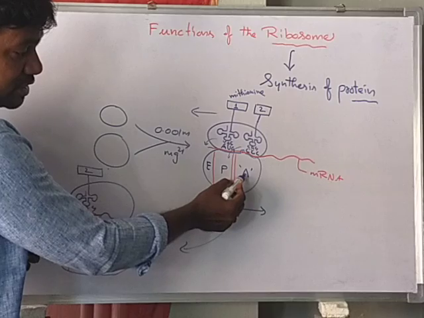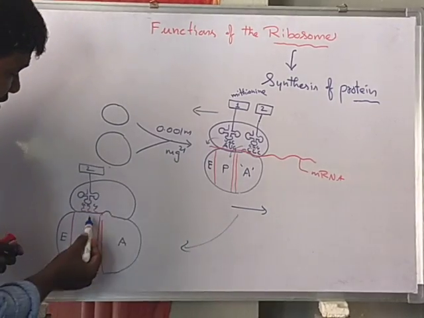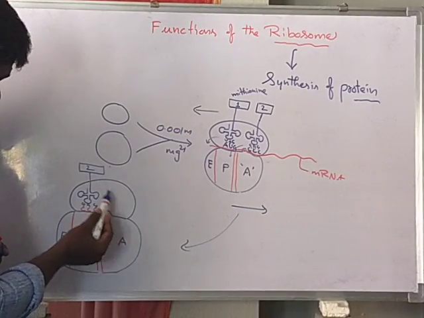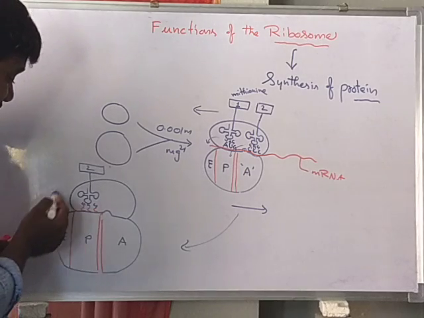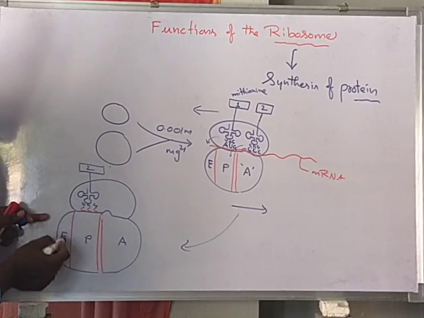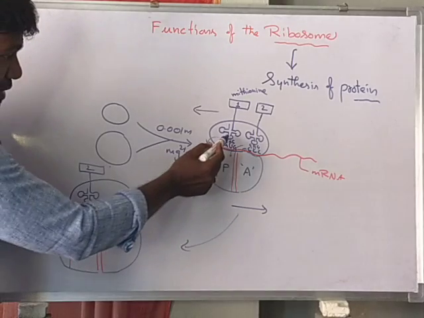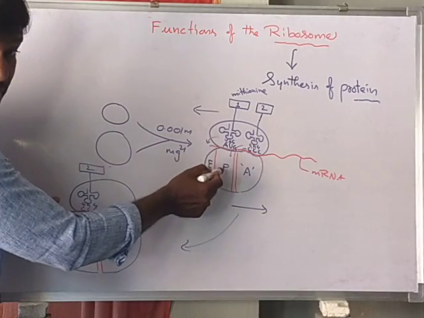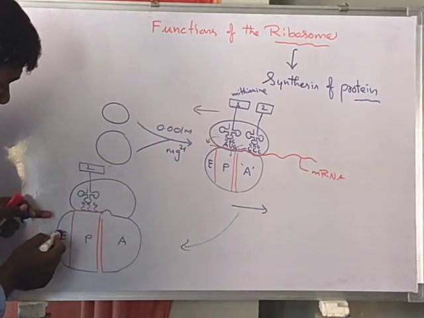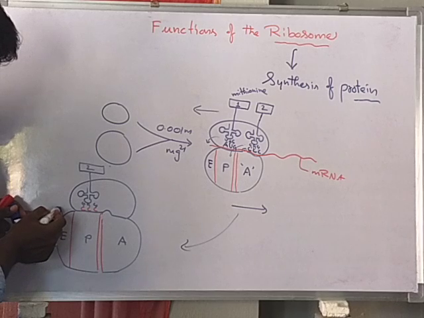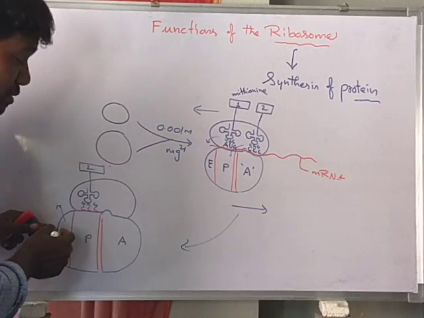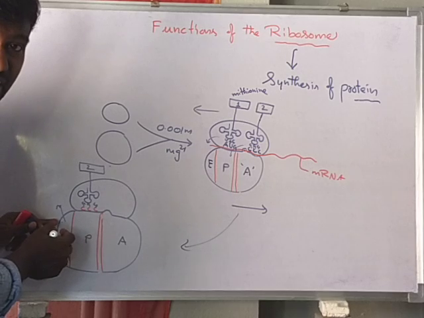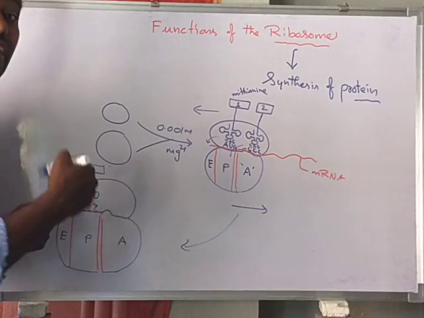The second tRNA which is present in the A site comes into the P site. Are you clear? The first tRNA present in the P site will move into the E site. But the first tRNA which moves to the E site will be removed.